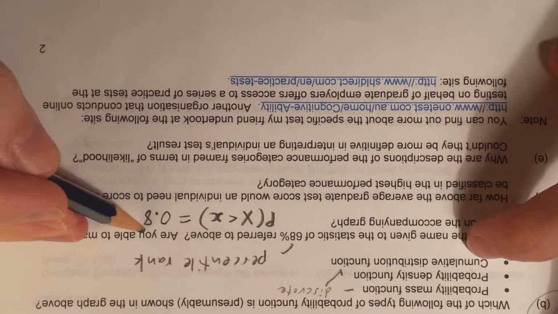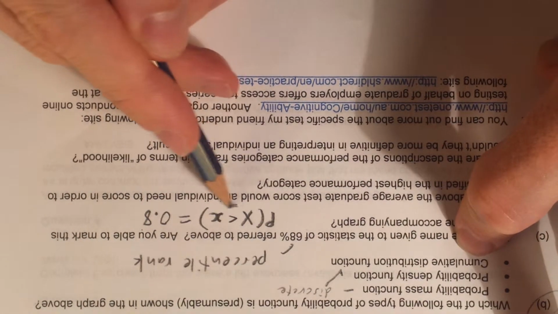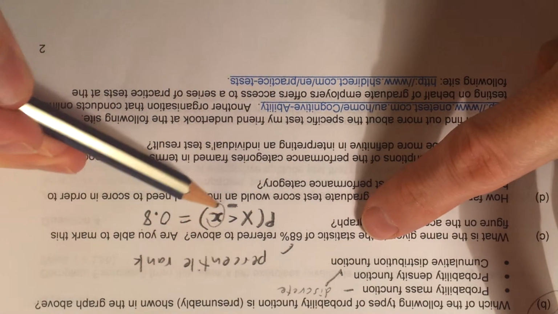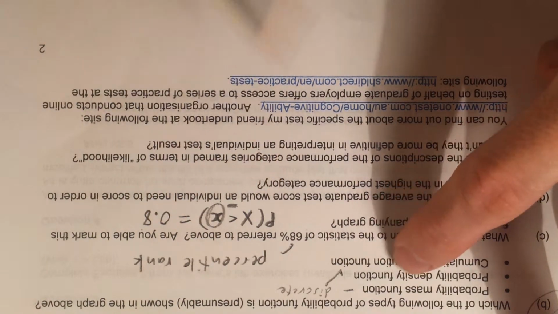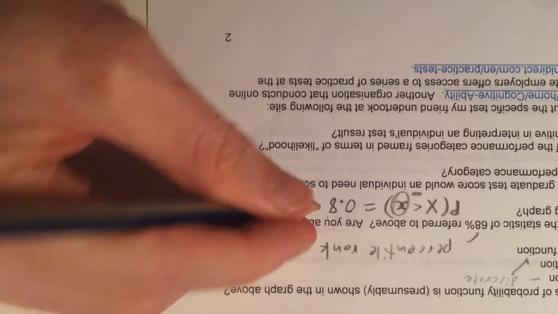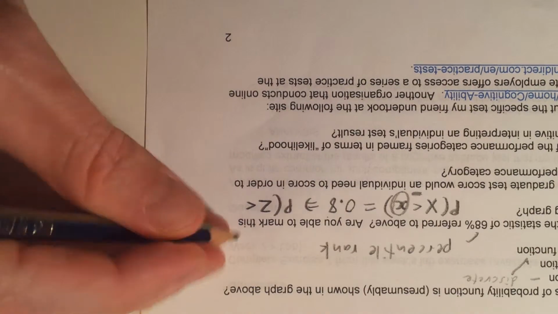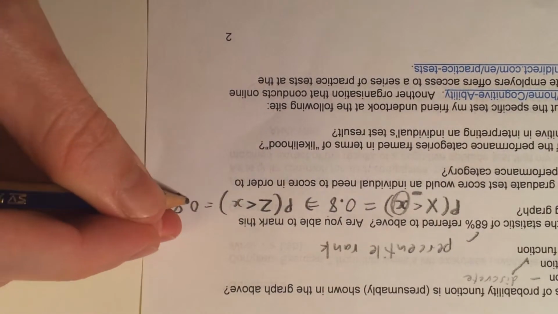That 0.8 is because if there's 20% of people above, there must be 80% below. So we're wanting to find this value x for which there's an 80% chance of getting lower than that. And in fact, I probably could do better here. I'll say that it's the probability of a Z score being less than a particular value x. We want that to be equal to 0.8.